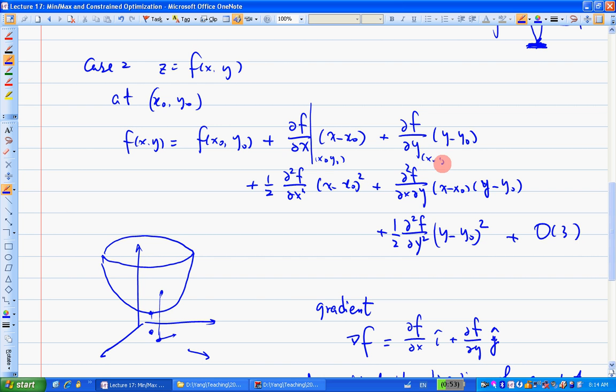The difference between this and that equals this, neglecting the higher order terms. Those terms are the second derivative tests, more precisely at the critical points, so you substitute those values in there.